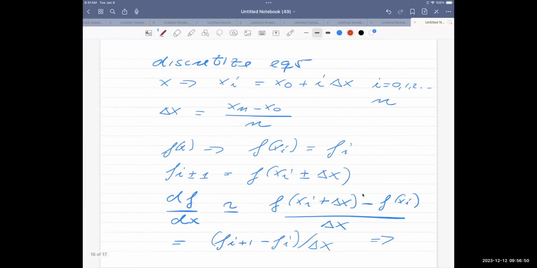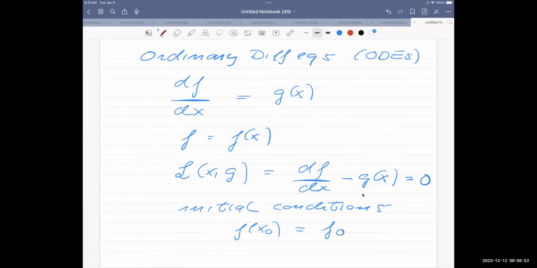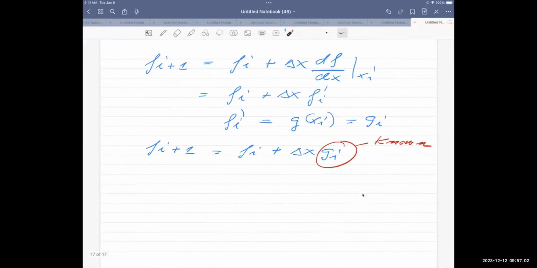Because in the differential equation, we have simply now assumed that this g of x is a known function. But we don't know the function f. So what you see here is the standard recipe for setting up a differential equation and solving the differential equation.